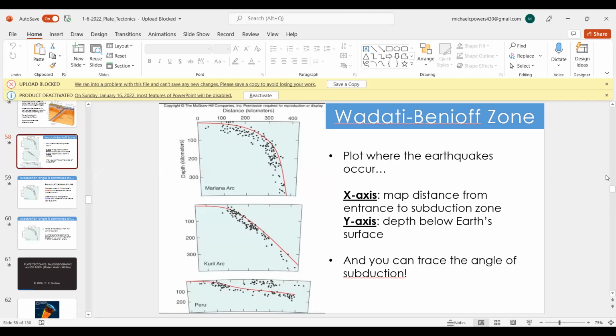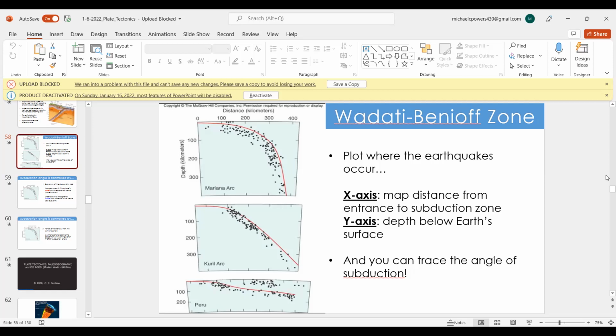Remember, we always get a trench wherever we have convergence because it pulls part of that top overriding plate down. So you get a really deep point. If we map out those earthquakes, we can figure out the angle of subduction. So all a Wadati Benioff zone is, it's a subduction zone that maps out the angle of the subducting plate.